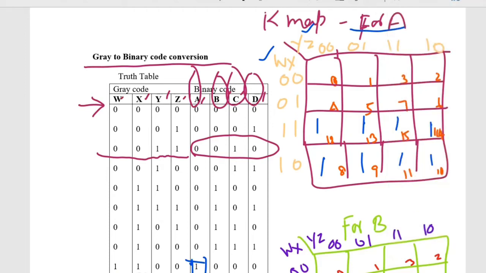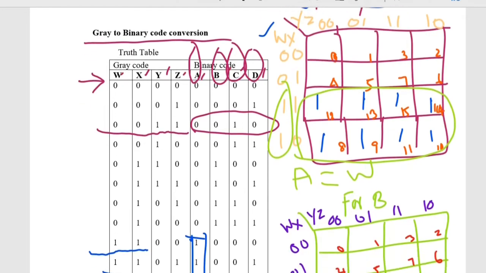While you make the group, it comes like this. So what is the answer for A? A is equal to W. So this is your answer for the reduced K-map for output A.